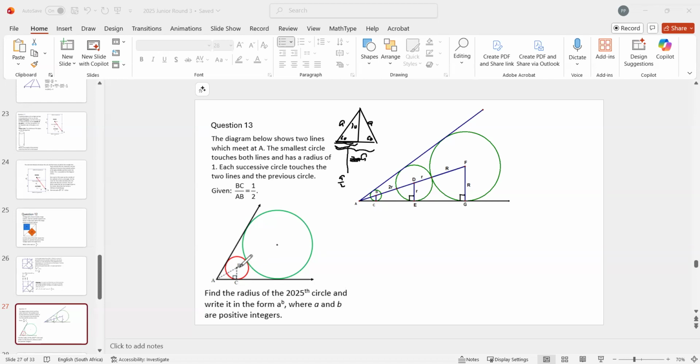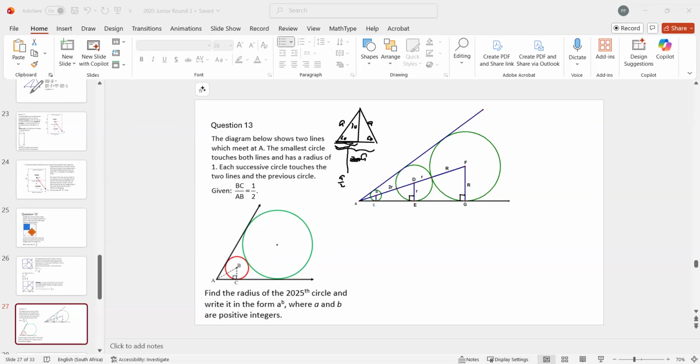So they give you the side opposite that this angle here is BC, and that's half the hypotenuse. So this angle has to be 30 degrees. Anyway, I don't think that is important. We don't need the 30 degrees in trying to solve this problem, as we shall see.